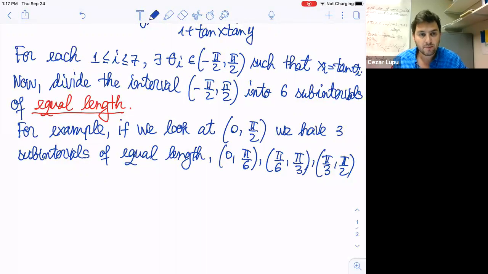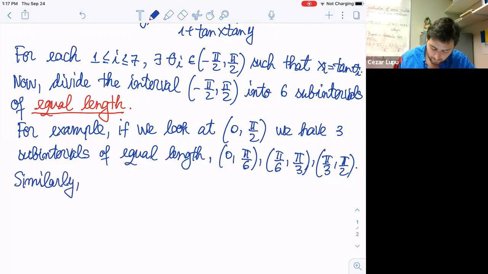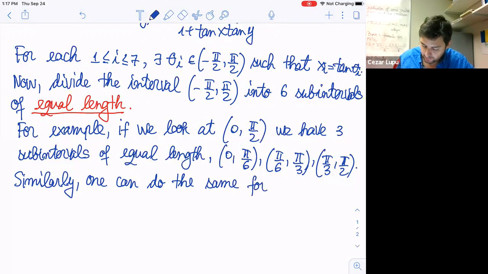Well, you can do the same thing similarly. One can do the same for the interval, let's say, 3 pi over 2, right?